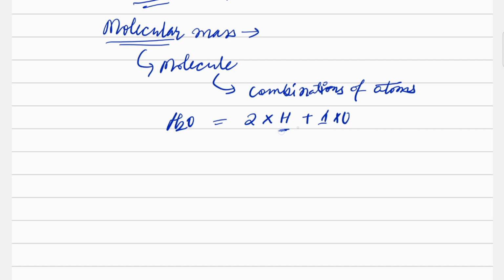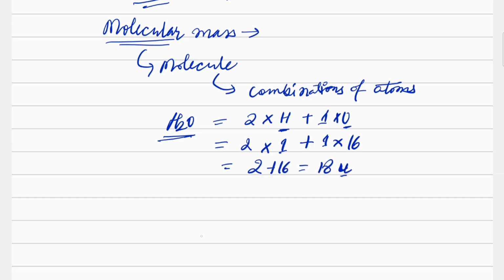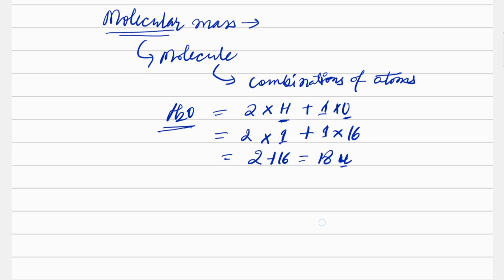If we know the masses of these individual atoms, we can calculate the mass of this water molecule. Over here, 2 into hydrogen atom is 1, plus 1 into 16. It becomes 2 plus 16, that is 18 u. Its unit is also u or atomic mass unit. So that is called molecular mass.